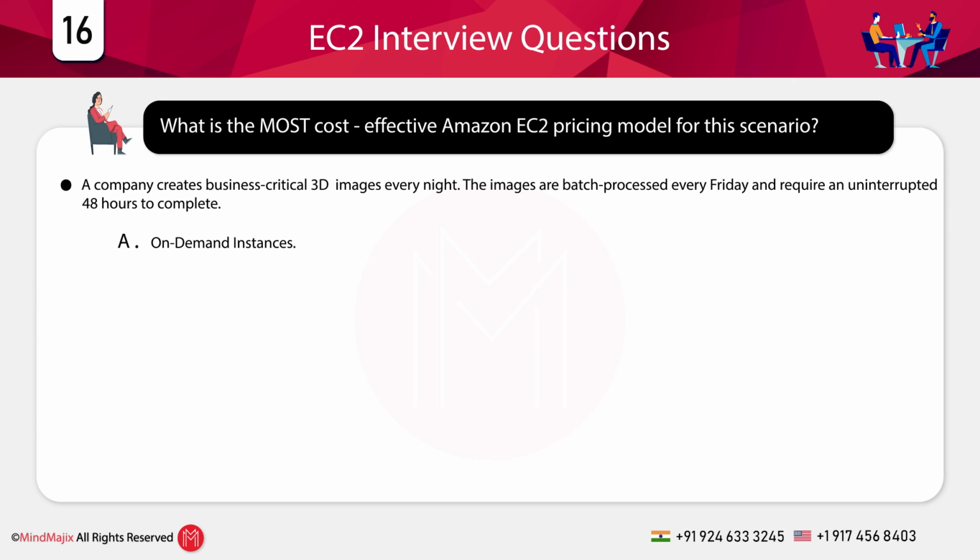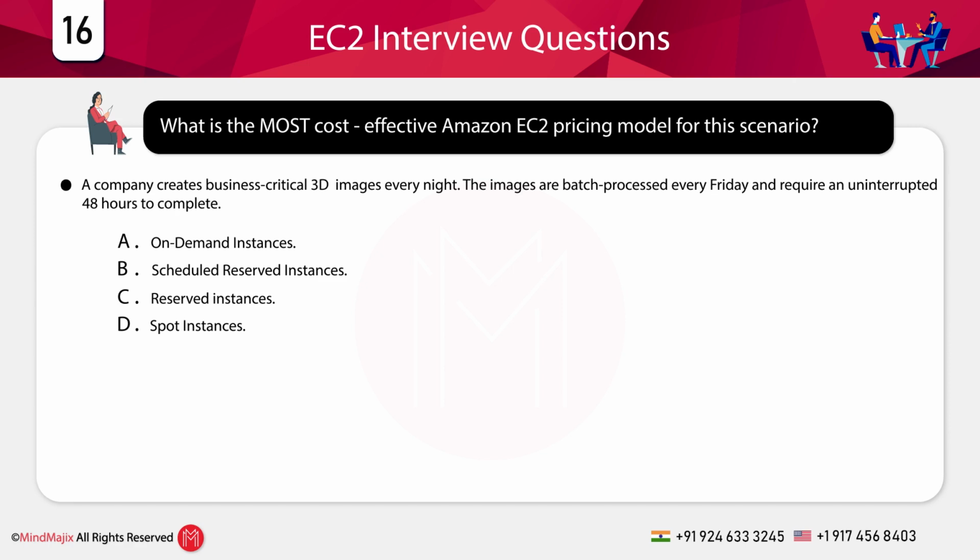But on-demand will not be the cost-effective approach. Here I'll eliminate it. Spot instance. Spot instance is the cheapest one here. Okay, so immediately I should come to spot instance. It's the cheapest, most cost-effective solution.